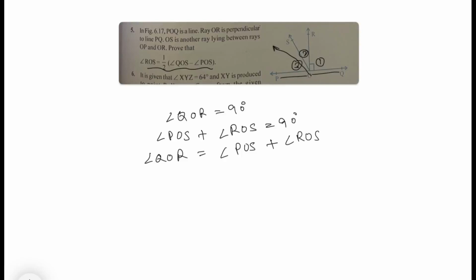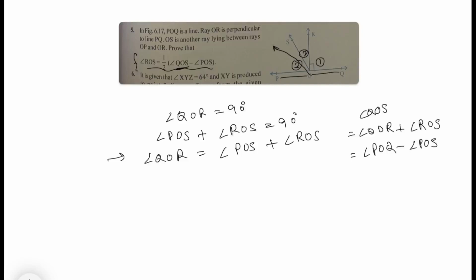Now the statement we have to prove has one angle called QOS. So we have to bring in QOS into this. Now angle QOS from observation can be written as angle QOR plus angle ROS, or alternatively it can be written as angle POQ minus angle POS.